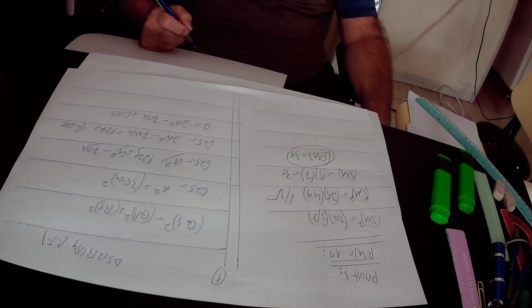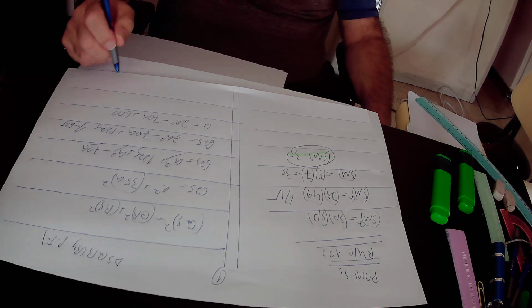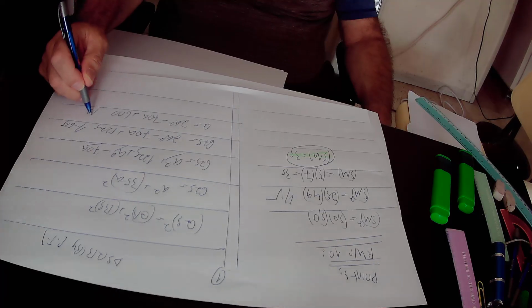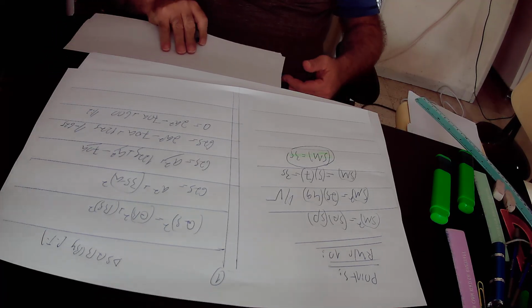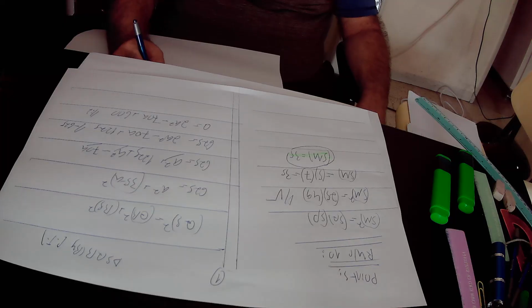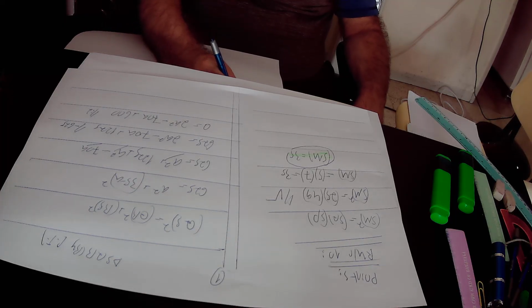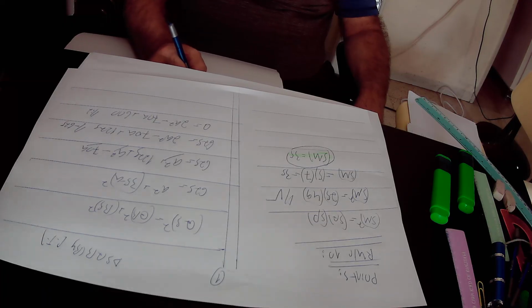Here we divide this equation by 2. 2a squared over 2 is a squared, 70a over 2 is 35a, and 600 over 2 is 300. 0 over 2 is 0.